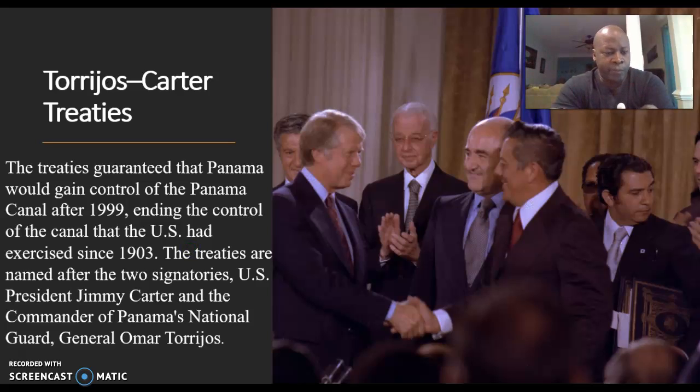After a while, Panama wanted control of the canal, and that's during the Jimmy Carter presidential term. Panama signed a treaty with the U.S., called the Torrijos-Carter Treaty, which was to give back the rights to the canal to Panama.